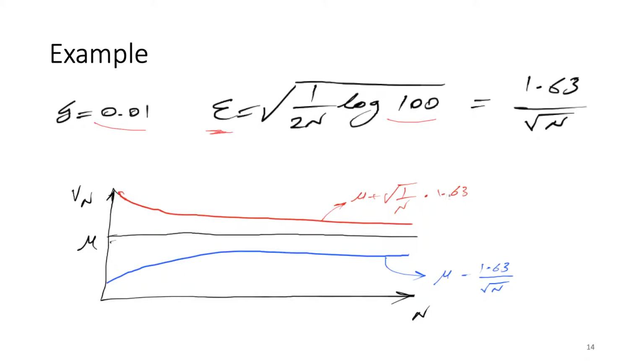Using that, we can also define the interval and relate the mu to Vn with a parameter n, right? So this area would be mu plus your epsilon, and this would be mu minus your epsilon, right?